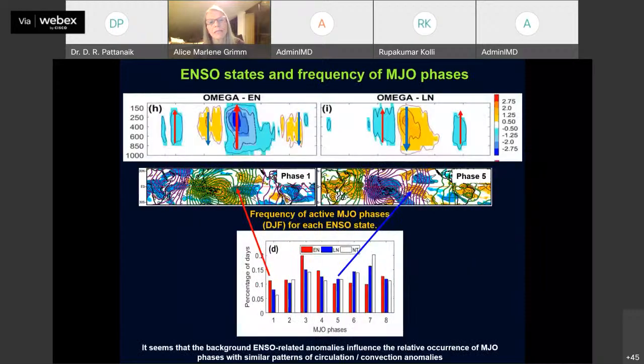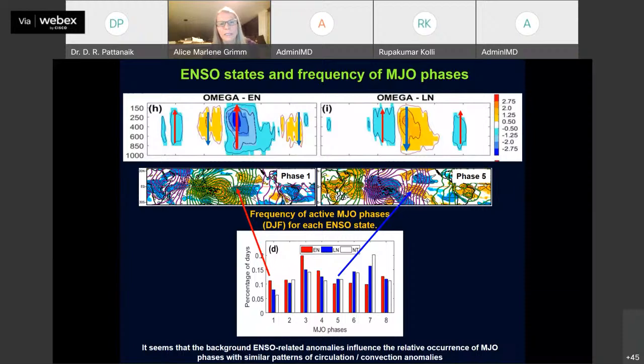So now let's see what ENSO changes in the MJO. Let's start with the ENSO influence on the frequency of MJO phases.